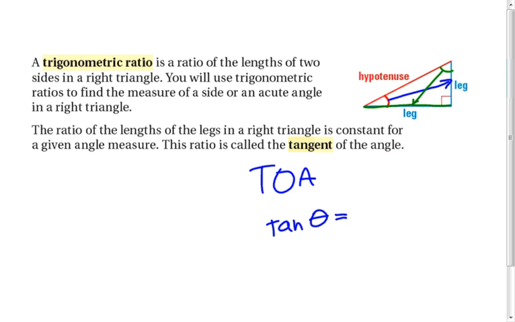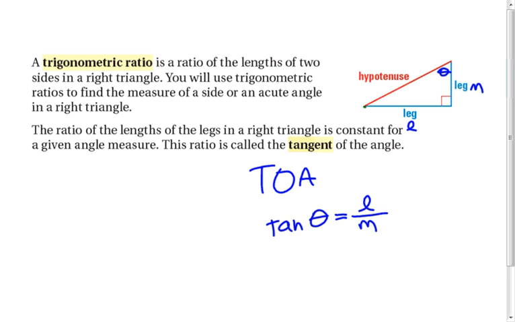Tangent of theta is equal to the opposite side. So I'm going to throw in some letters here. I'm going to call these L and M. And if this is theta, the tangent of theta is the opposite side, which is L, over the adjacent side, which is M. Remember, tangent doesn't have a hypotenuse involved at all. The opposite over the adjacent.